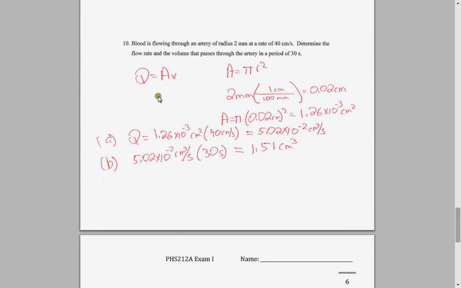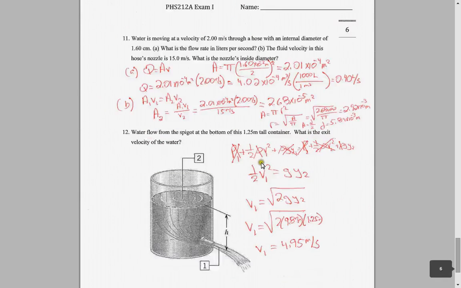So Q equals AV, the area times the velocity. We get part A, determine the flow rate, 5.02 times 10 to the negative second cubic centimeters per second. And then in 30 seconds, that would be 1.51 cubic centimeters of blood through that artery.